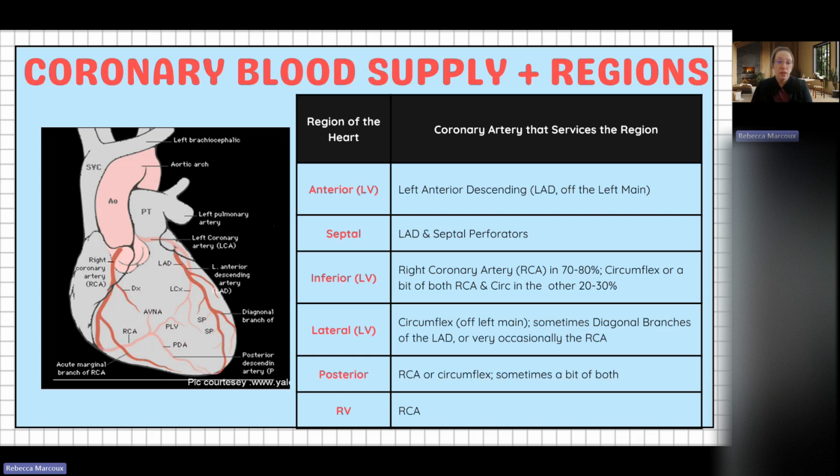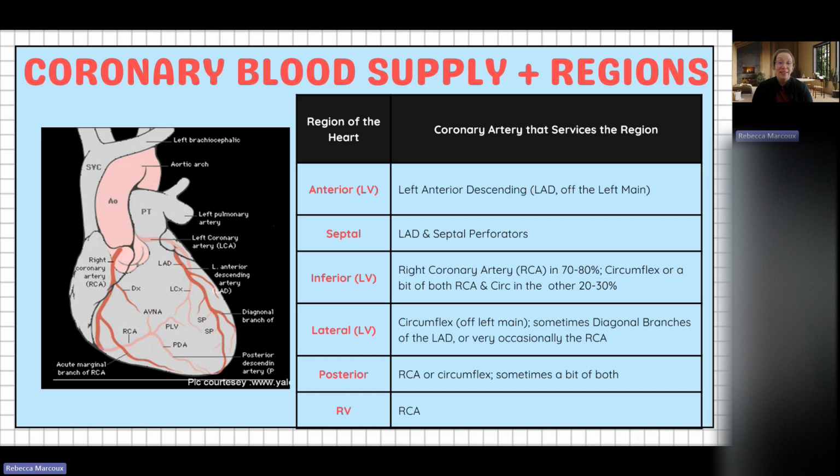Okay. Our inferior, again, when we say inferior, we're talking the inferior left ventricle. Most often, it's supplied by the RCA. You can see here, about 70 to 80% is provided by the right side of the heart. So most people, when we're talking the inferior portion of our left ventricle, it is provided by the right coronary circulation.